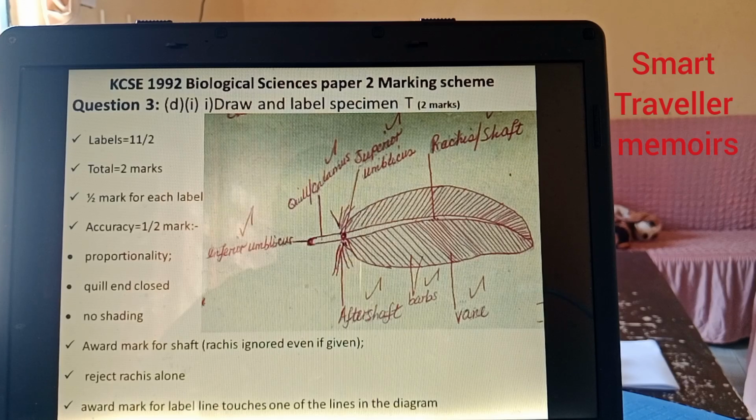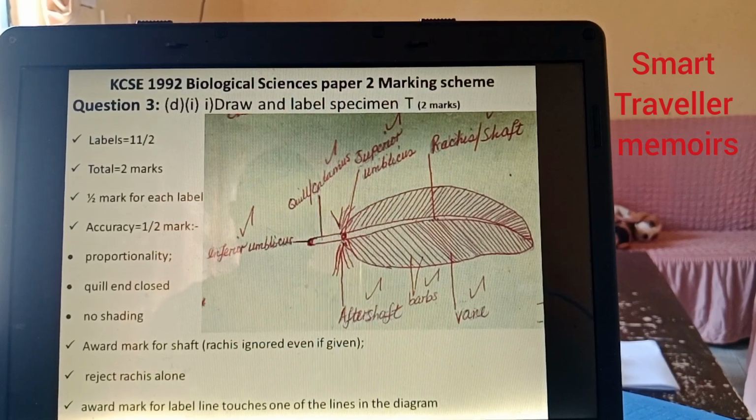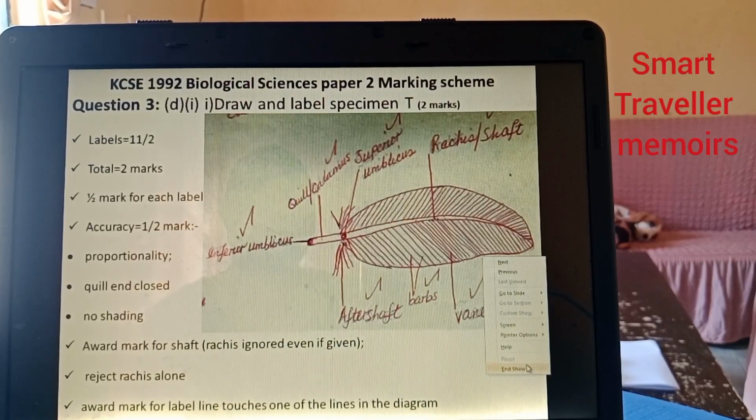I want a mark for label line if it touches one of the lines in the diagram.